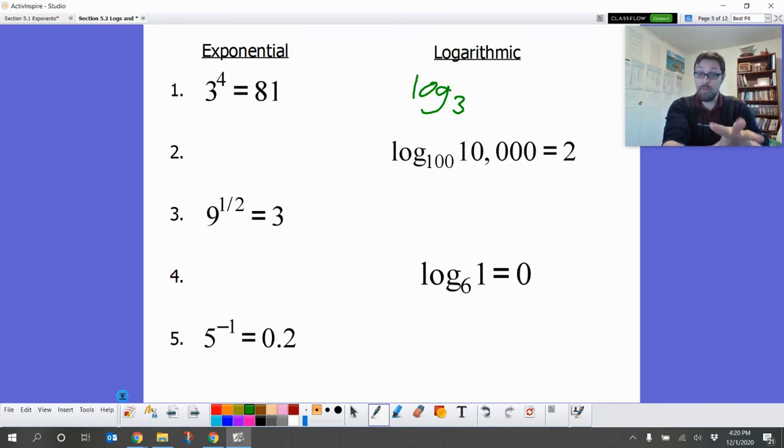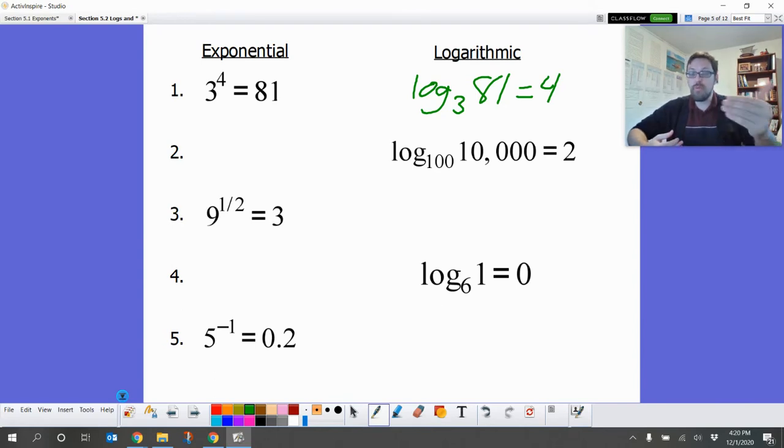So log base 3 of 81 equals 4, just like 3 to the fourth equals 81. That's the same thing. I just said it in a different language. The language of exponentials and the language of logarithmics. Los zapatos rojos, the red shoes, bouncing back and forth. You need to be bilingual in these things.